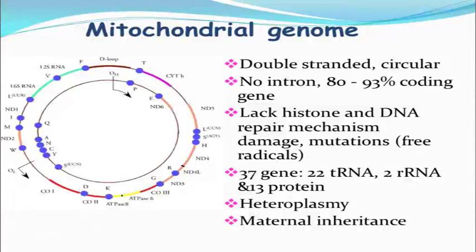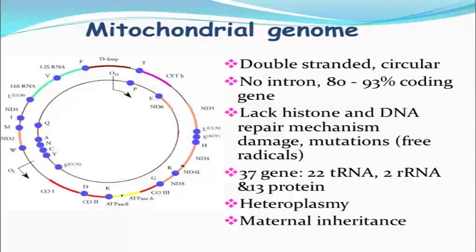There's one important concept to talk about here, which is the heteroplasmy level in mitochondrial disease. When a mutation occurs, there's a mixed population of mitochondrial genomes: the mutant mitochondrial genome as well as the normal mitochondrial genome.